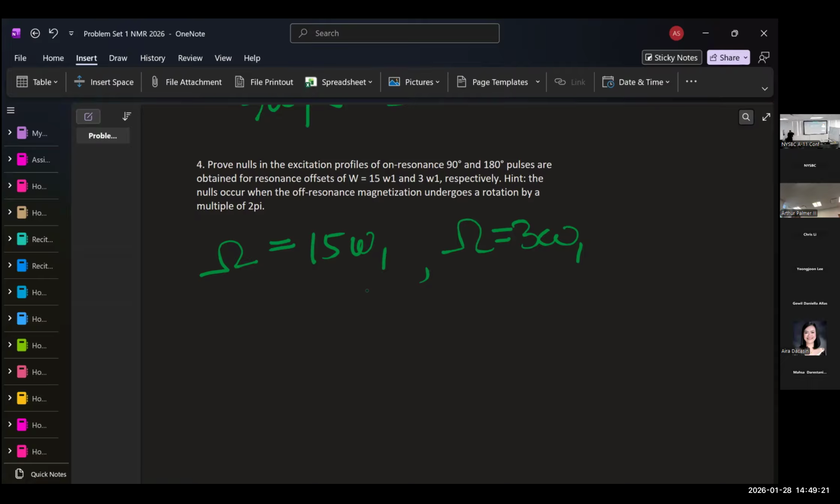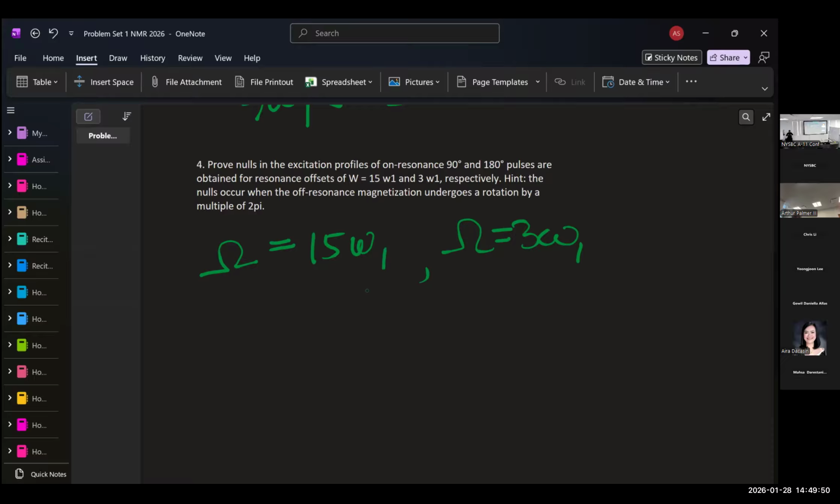What do you mean by nulls here? On resonance, a 90 pulse, you would expect a certain amplitude. A null means you applied the pulse and you didn't see any magnetization at that offset. Similarly, for 180, you expect an inversion, going from plus Z to minus Z. Instead of a full inversion, you actually did nothing.